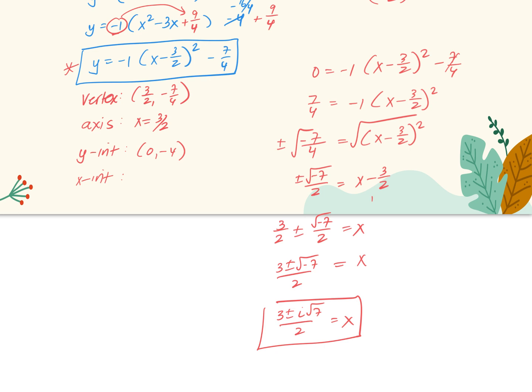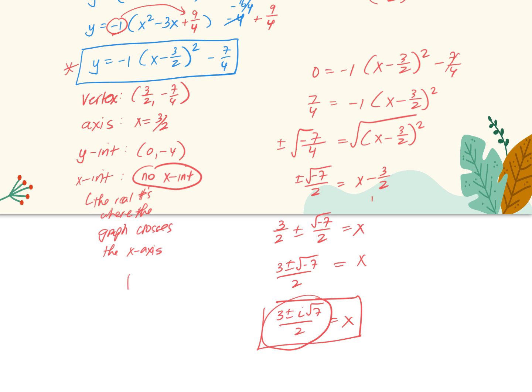The problem is, remember that the x-intercept is where the graph crosses the x-axis. So guess what? There are no real numbers where the graph crosses the x-axis. We only have imaginary solutions here. So what this means is there's no x-intercepts.